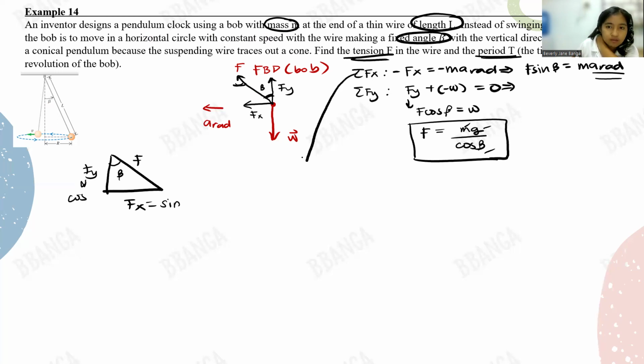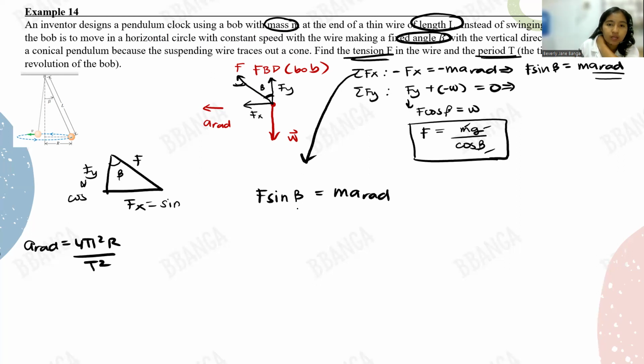So, from Fx, meron akong F sin beta is equal to MA rad. Dito na magagamit ko na yung A rad, which is 4 pi squared R over T squared. Okay, so sorry class, no? Dapat hindi ko pala siya ginamit kanina.